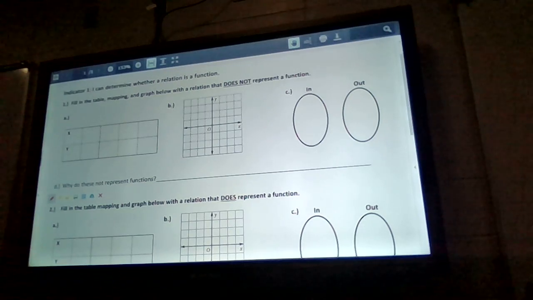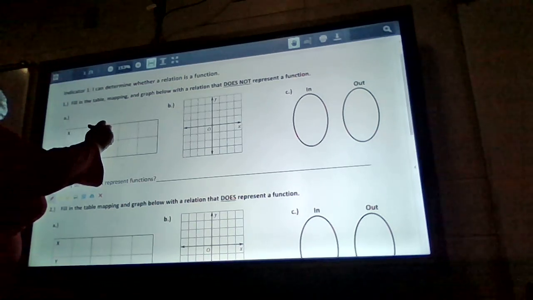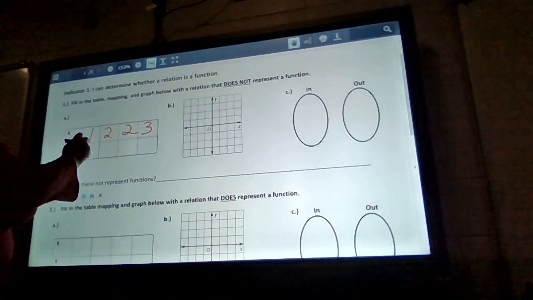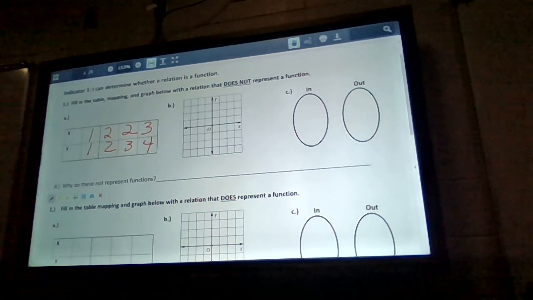Is it X or Y? Y. It's X. So if X repeats, then it's not a function. So I can say 1, 2, 2, 3. That would not represent a function.